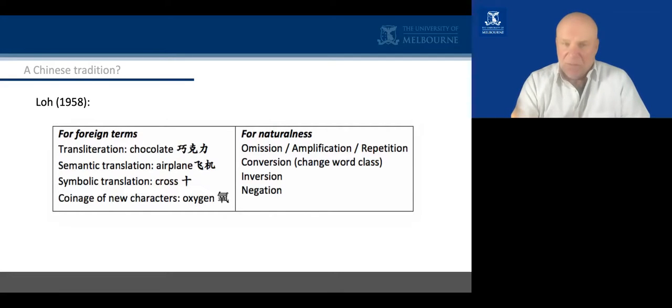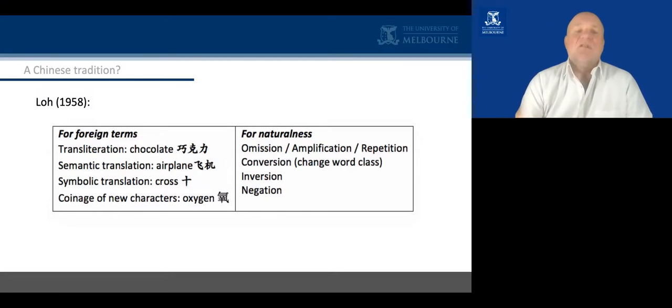This guy is Lo Yang, as he signed the book published in Beijing in 1958, the same year as the French one in Canada. And interestingly, going into Chinese, he's got lots and lots of ways of rendering foreign terms, okay? Basically because Chinese has a different script.